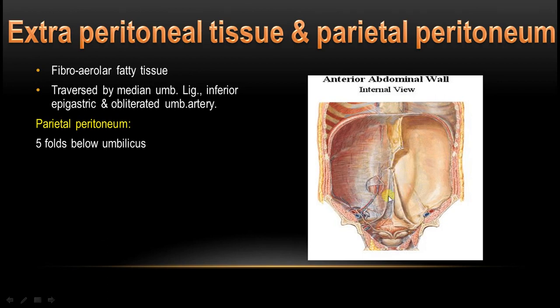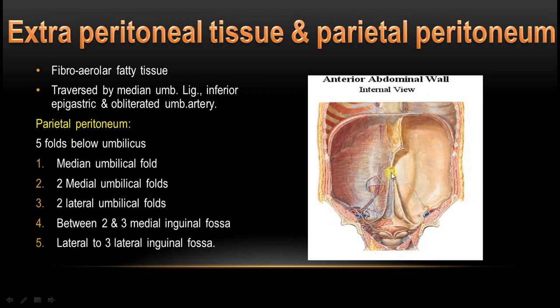Peritoneum, parietal peritoneum, which can be called the false ligaments. 5 folds below the umbilicus: median umbilical fold, which covers the median umbilical ligament, 2 medial and 2 lateral umbilical folds. 1 median, 2 medial, which cover the obliterated umbilical artery, and 2 lateral.